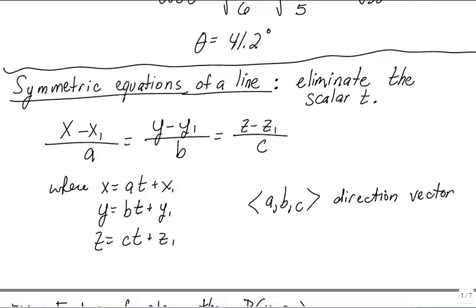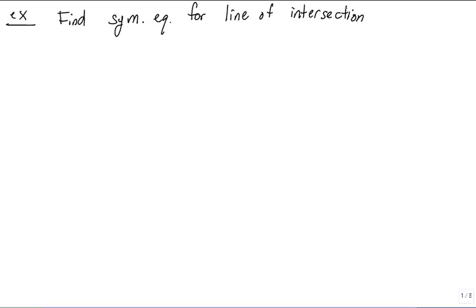So let's look at another example. Find the symmetric equations for the line of intersection of the above two planes that we just finished talking about. We got the angle between them.